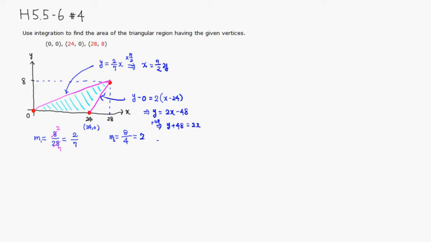Then I'm going to divide by 2 and flip the left-hand side and right-hand side. So it's x equals 1/2 y plus 48 divided by 2, which is 24.